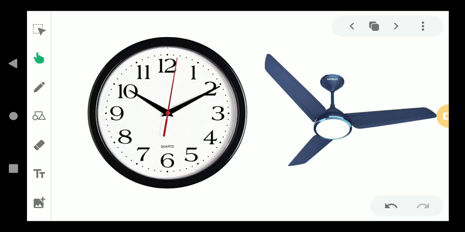Those objects which are moving in a circular path have circular motion. Please find more examples.